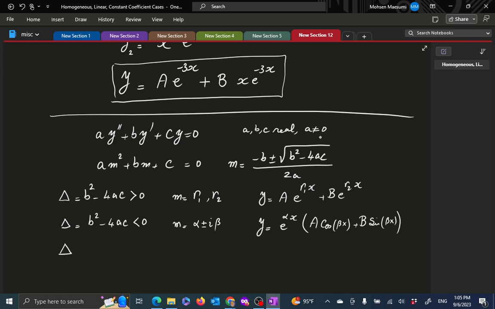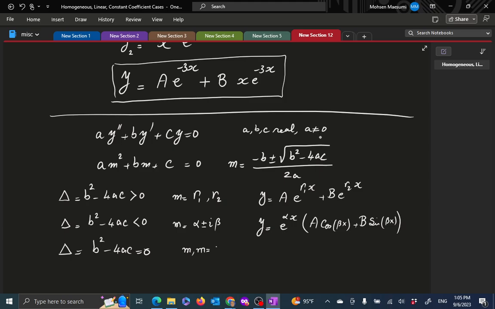Finally, if your delta turns out to be 0, right smack in between these two cases, you have identical roots, a number and itself being repeated. It's the same number, root number 1 and root number 2, both of them are minus b over 2a if this radical is 0.